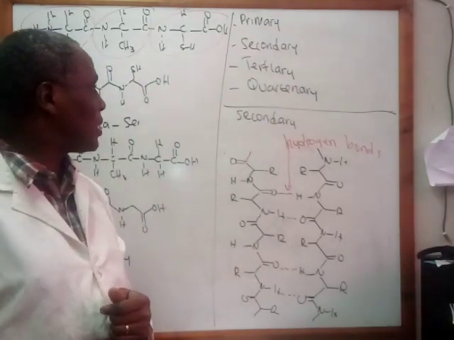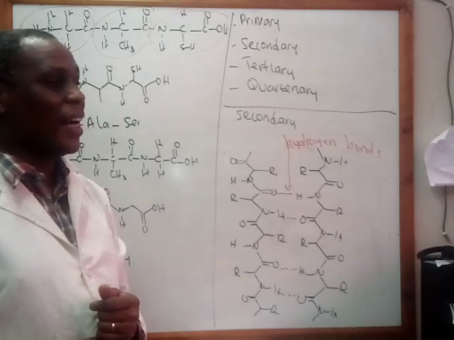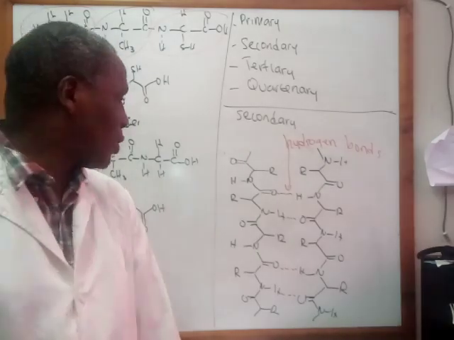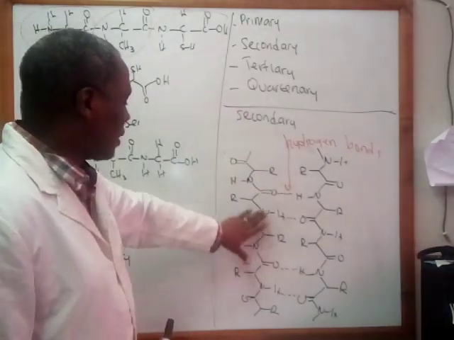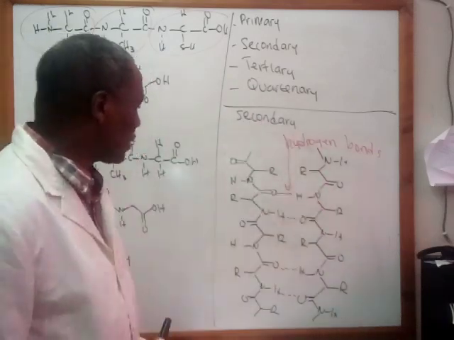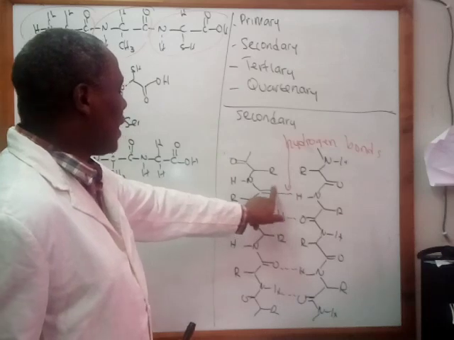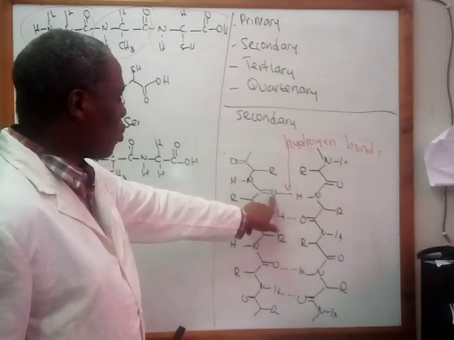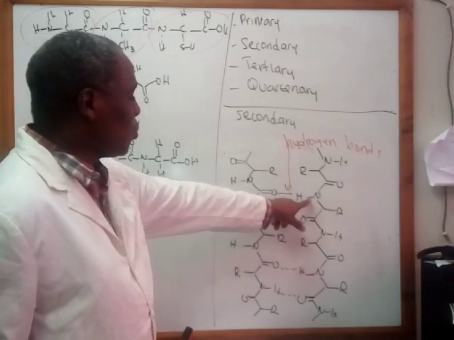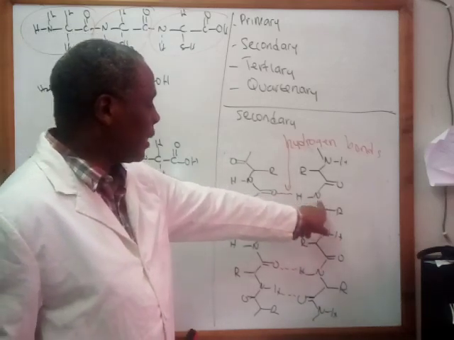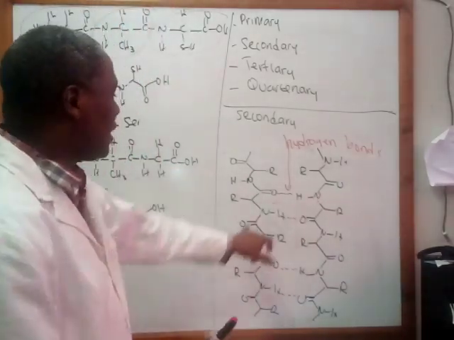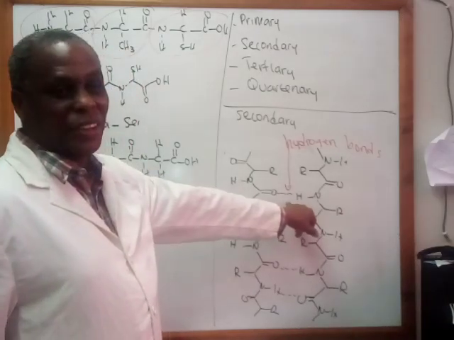Now, you're going to see that there are other intermolecular forces that are involved, which I've shown here. Like I've shown one strand of an amino acid here, and I've shown another here. You're going to see that when you have an electronegative element like oxygen, yeah, next to a hydrogen which is joined to an electronegative element, in this case nitrogen, then there is a hydrogen bond that is formed here.